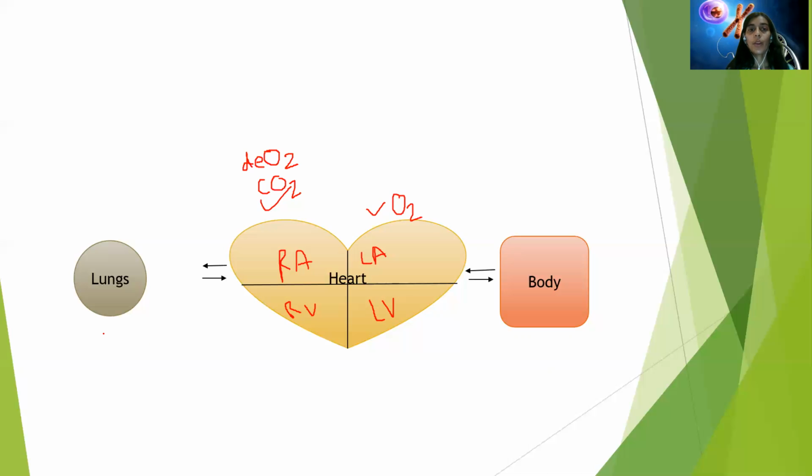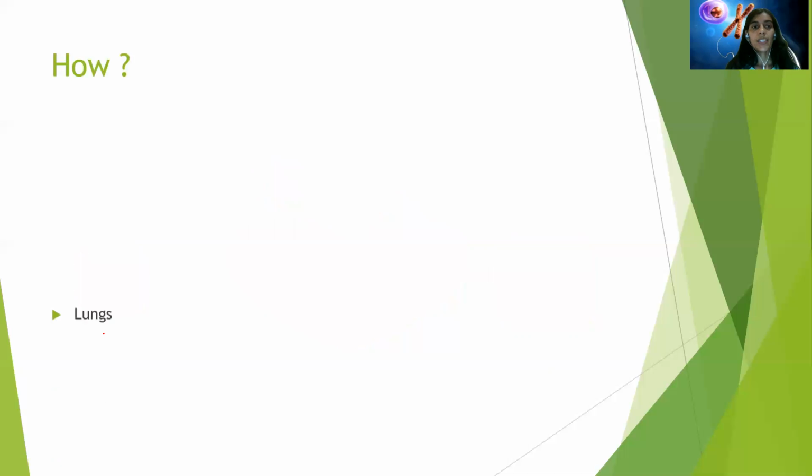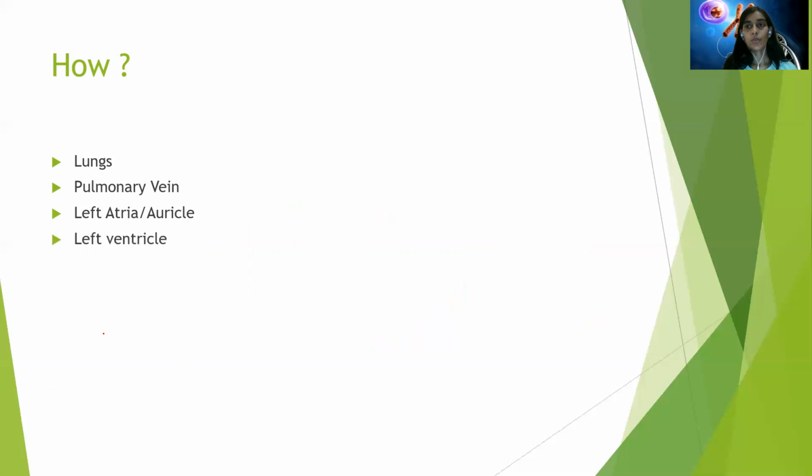Now, what are the various components which help the blood carry the oxygen from the lung to the heart and body, and again the carbon dioxide from the body to the heart to the lung? From the lung, the pulmonary vein carries oxygen-rich blood to the left atrium. Then it goes to the left ventricle. From the left ventricle, oxygen-rich blood is pressurized through the aorta to the complete body.